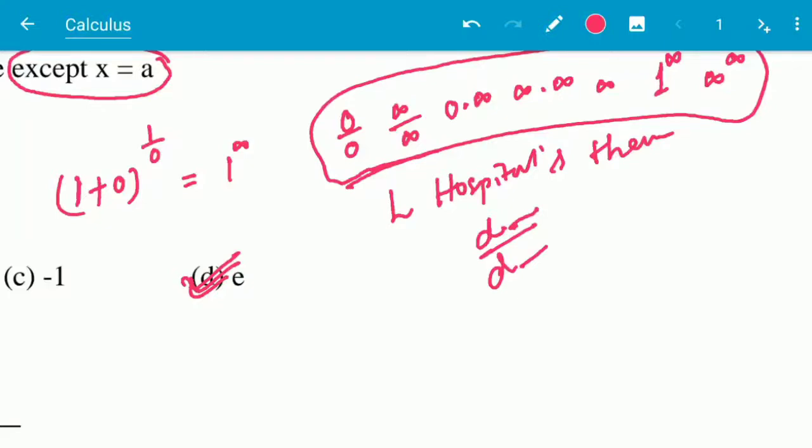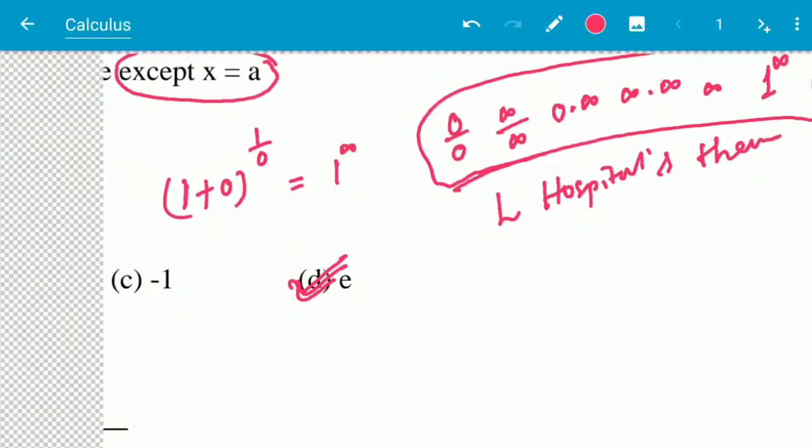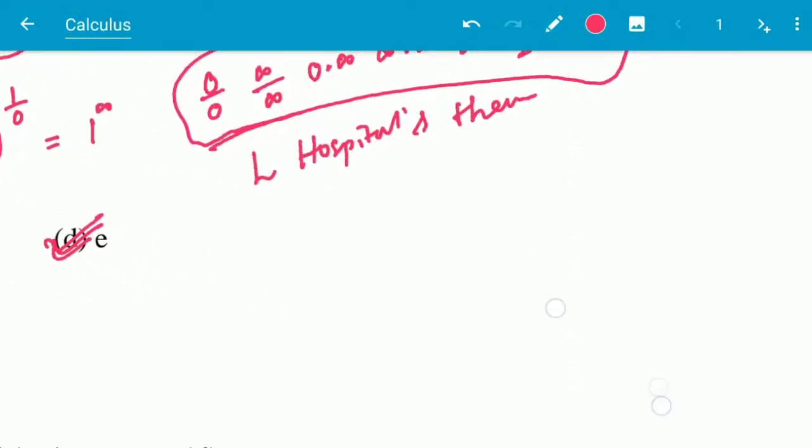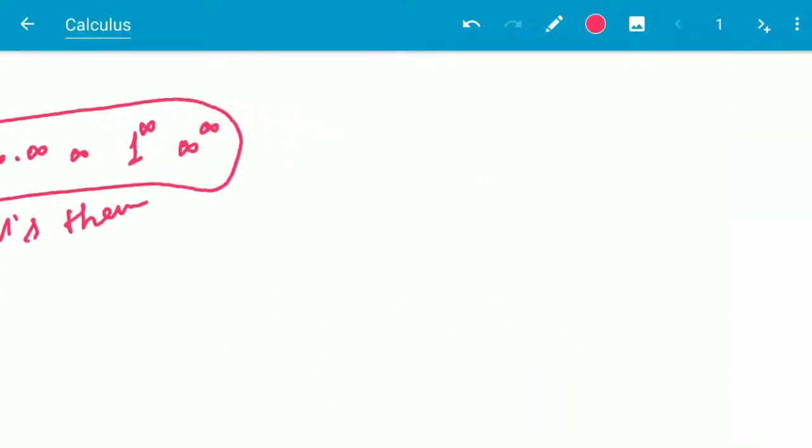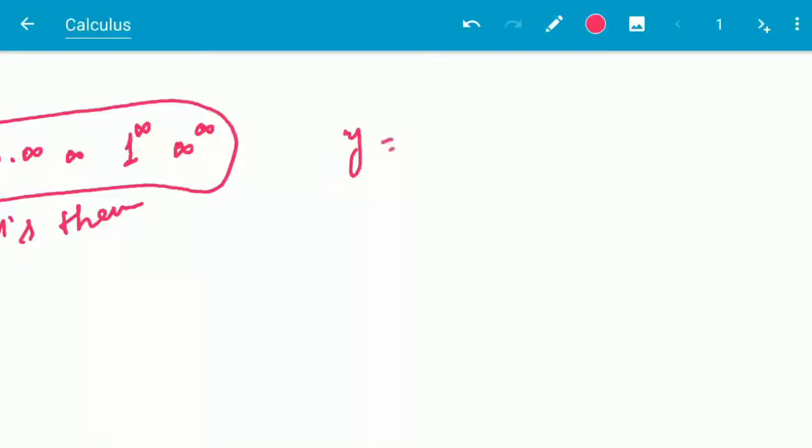But for this type of question, we have to first consider, I am taking another space for doing this, y is equal to limit x tends to 0, (1 plus x) whole to the power 1 by x.